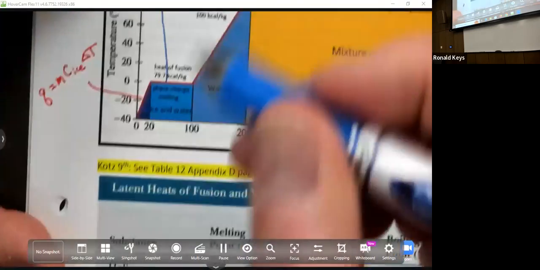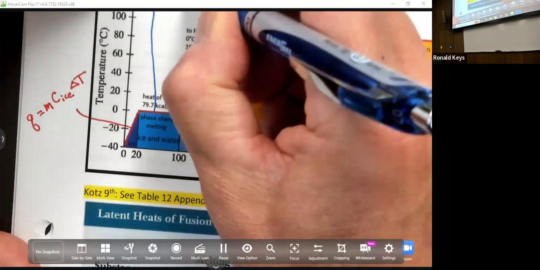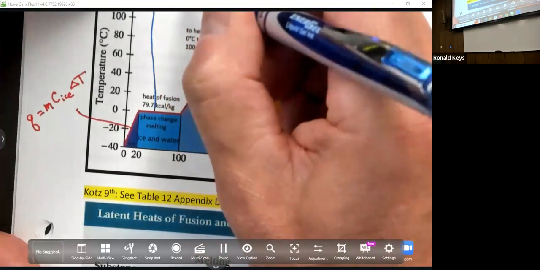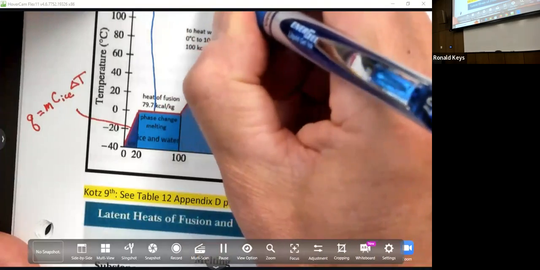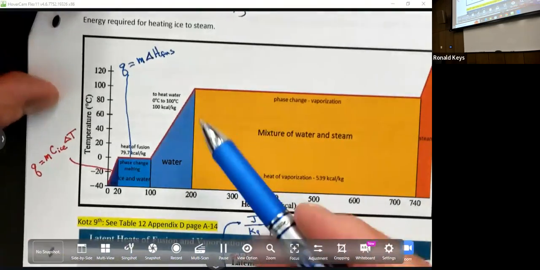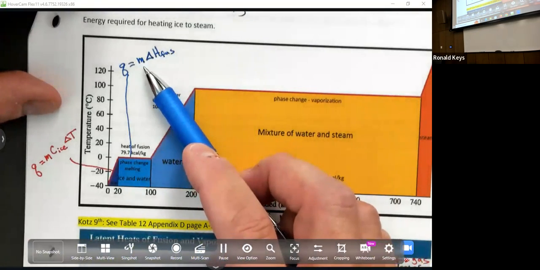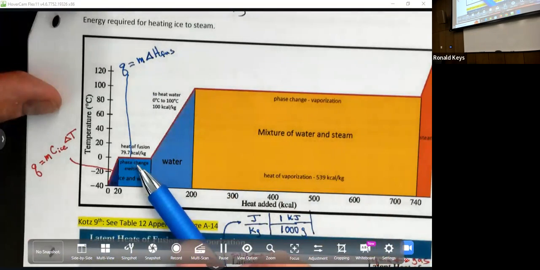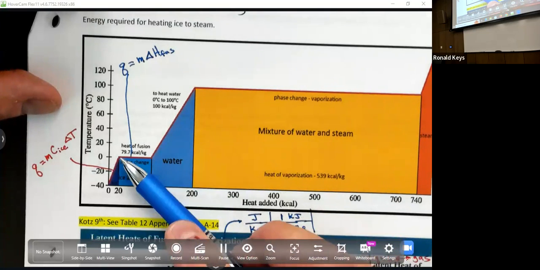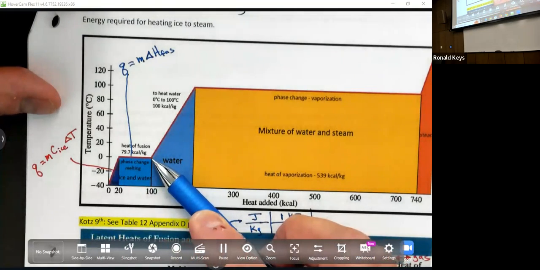This right here, Q is equal to the mass times the enthalpy of fusion. Okay, there is no temperature change. It melts at 0. Then once you have, this is solid ice at 0. Over here, you have all liquid water at 0.